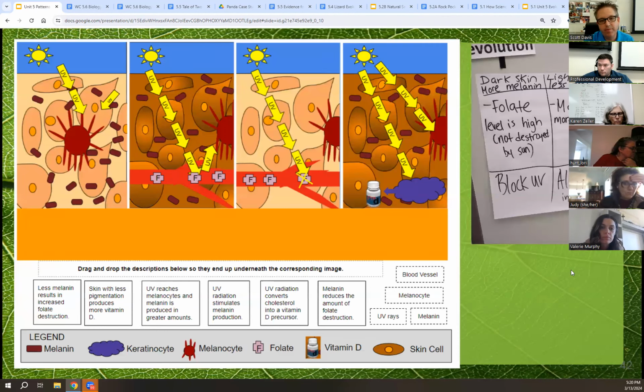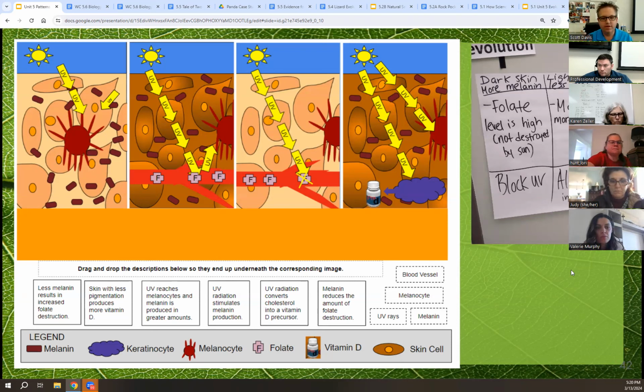And so you end up creating a situation where you have a folate deficiency. And in individuals that have lighter skin with less melanin, they are able to make more vitamin D because more of that UV light, the UVA light, is actually able to penetrate the skin and be used to basically take cholesterol and turn it into what will eventually become vitamin D.